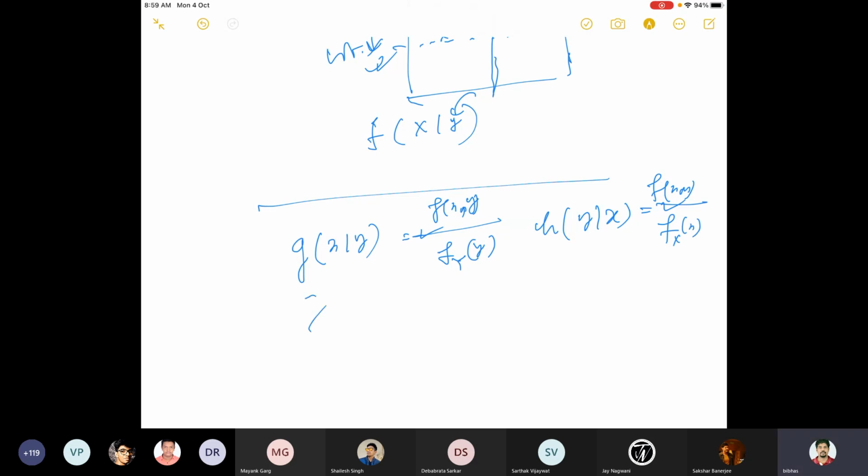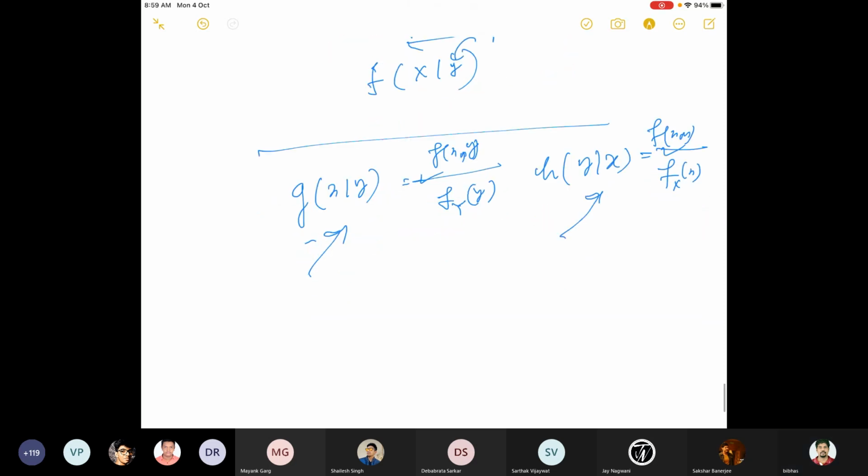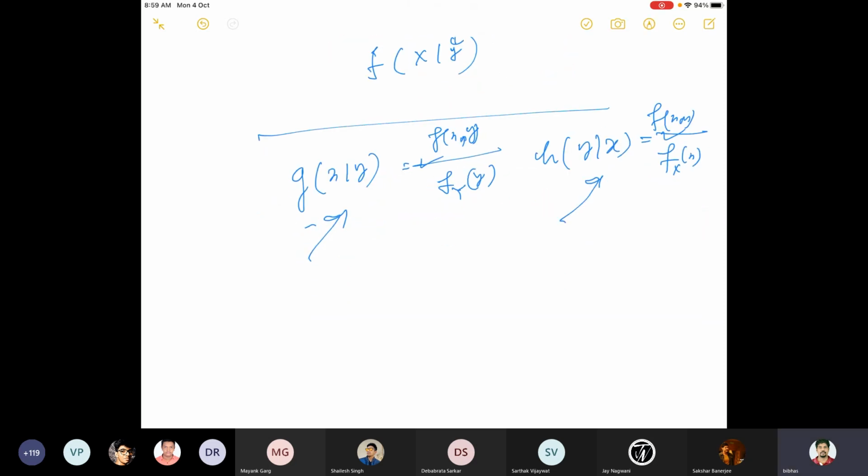So the question here is, does it depend on y or does it depend on x? Here is the definition. If this does not depend on y, then we will say x and y are independent. Or here, if h does not depend on small x, then we will also say it is independent.